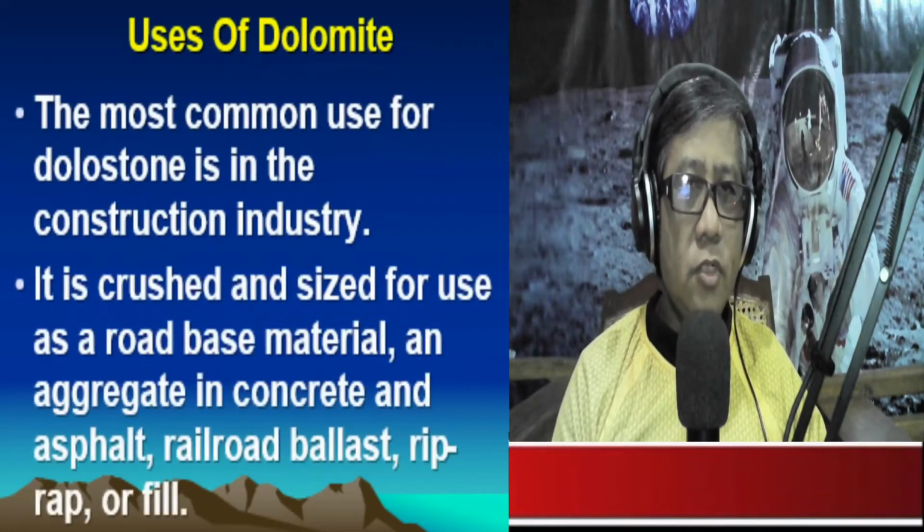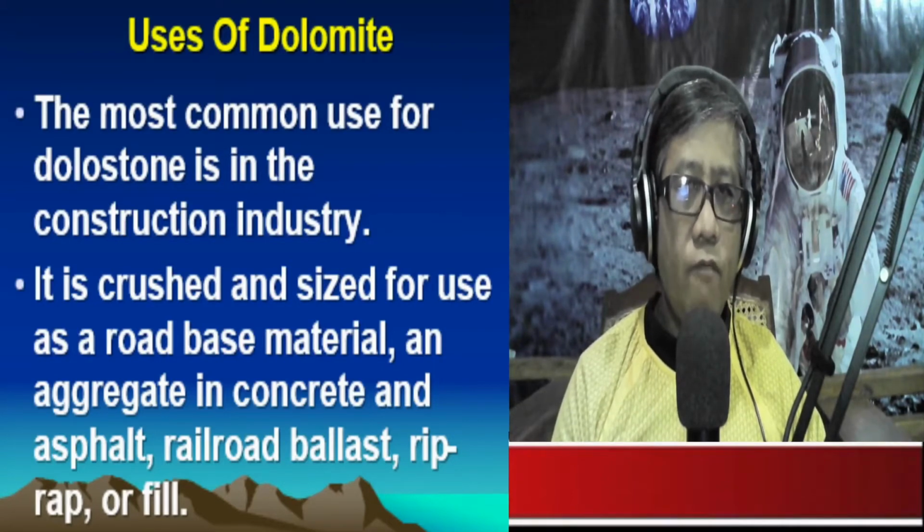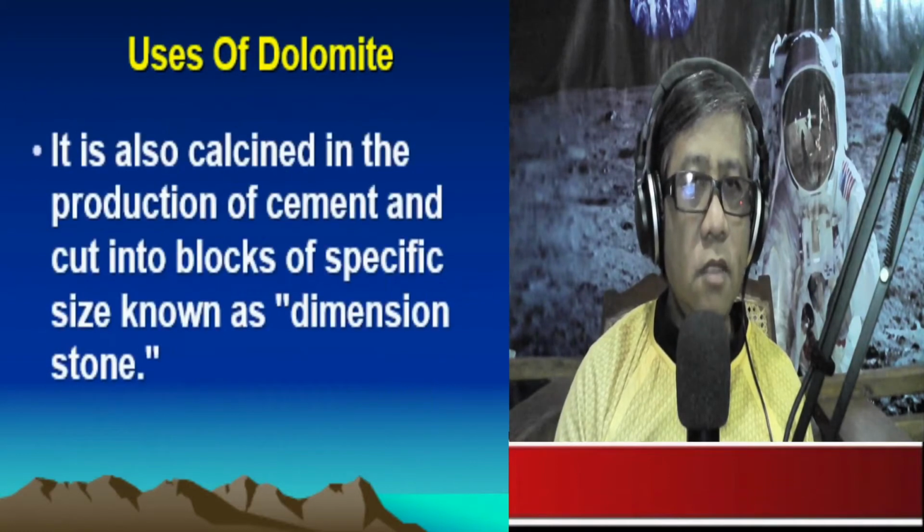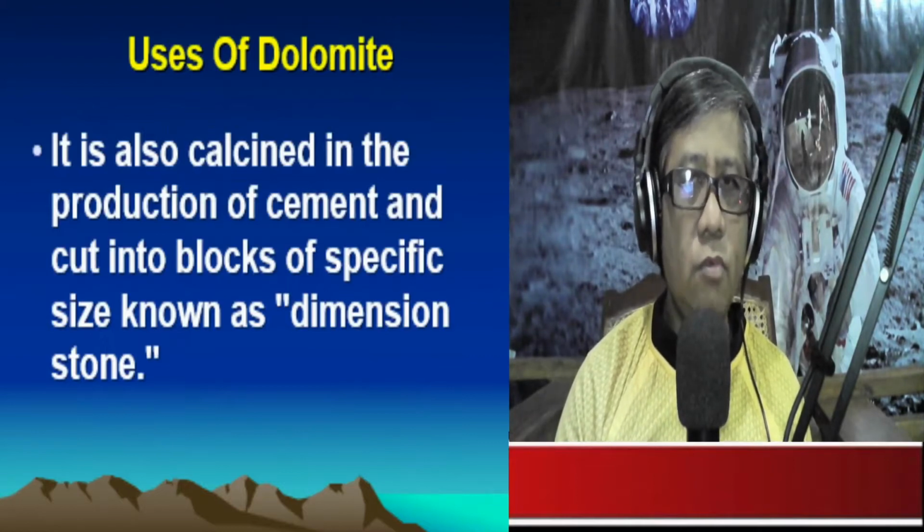It is crushed and sized for use as a road-base material, an aggregate in concrete and asphalt, railroad ballast, riprap, or fill. Dolostone is also calcined in the production of cement and cut into blocks of specific size known as dimension stone.